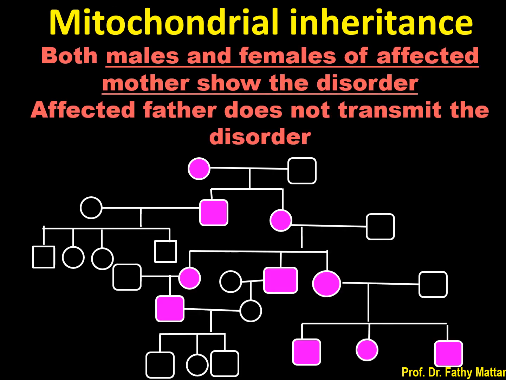And so when we look at the pedigree and find out that the females transmit the disease to both males and females, but the males do not transfer the disease to their progeny, we know that this is a mitochondrial inheritance.